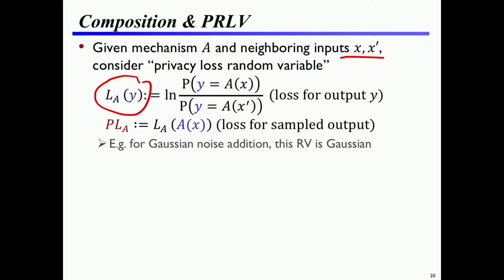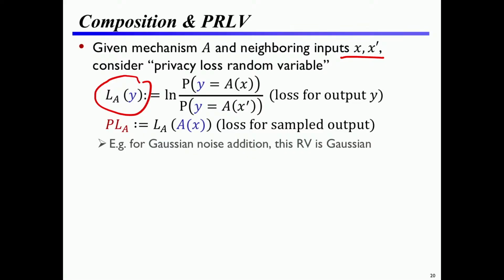Now when I run an algorithm, what I'm getting is this loss, but for a random output sampled according to, let's say, x. So this is a random variable. This is the kind of thing information theorists love, defining a random variable in terms of probabilities. For Gaussian noise addition, for example, it turns out this random variable is itself Gaussian distributed.